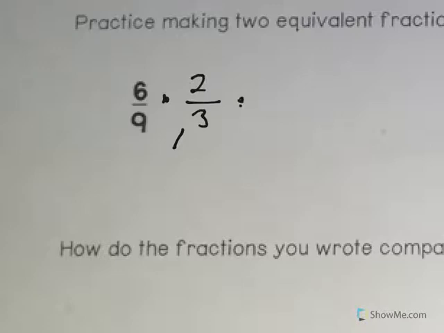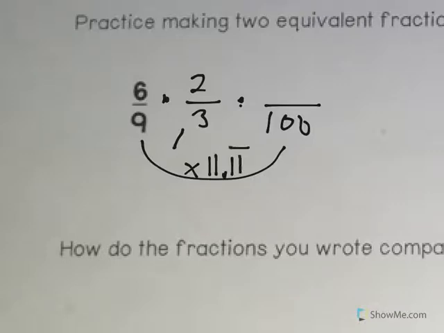Now to make this also equivalent to 100, remember we have to multiply 9 times something to get us 100. Well, obviously it's not going to be a number without decimals or fractions. So 100 divided by 9 will be 11.11, and that just repeats.